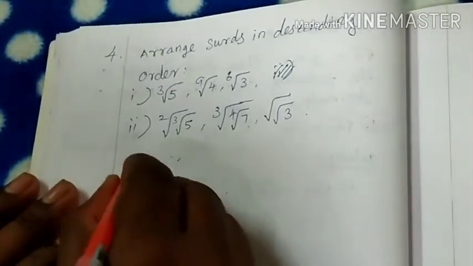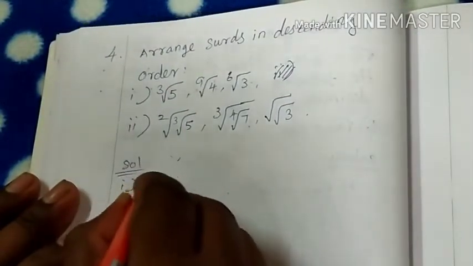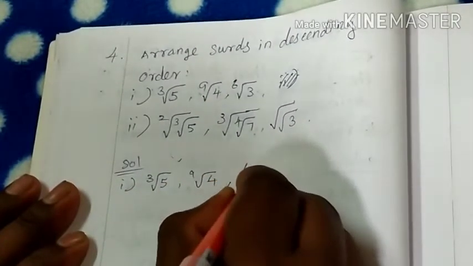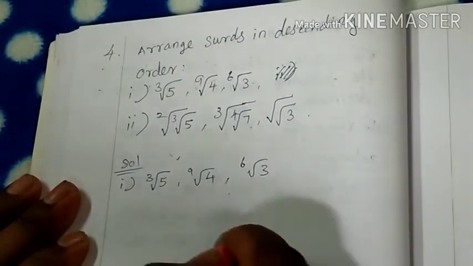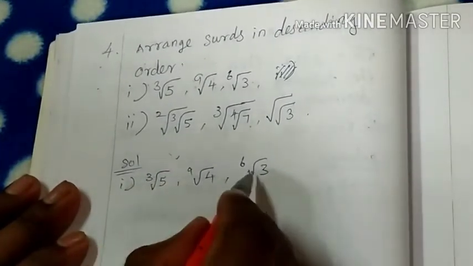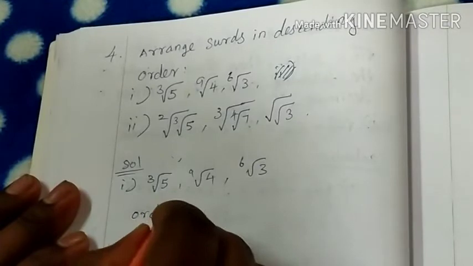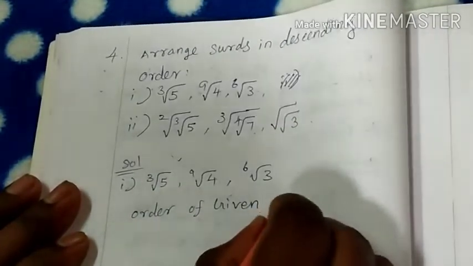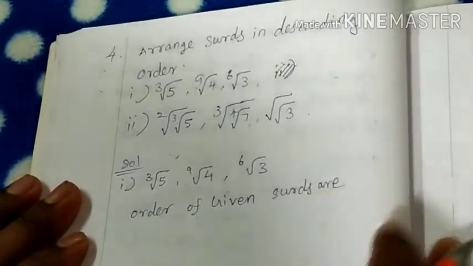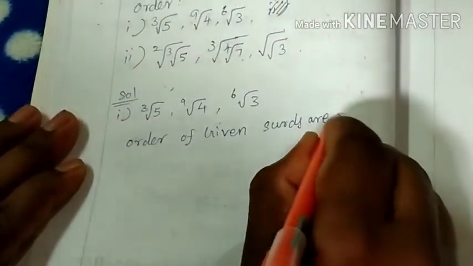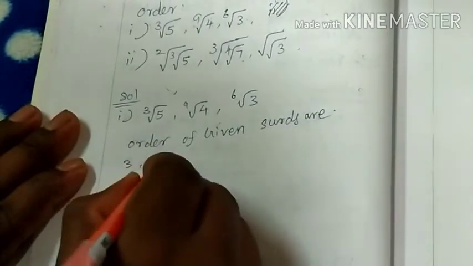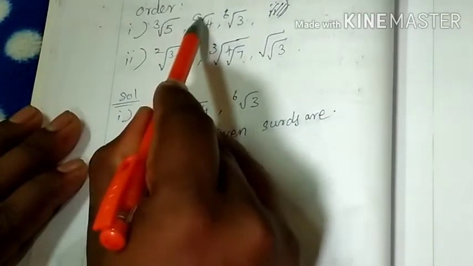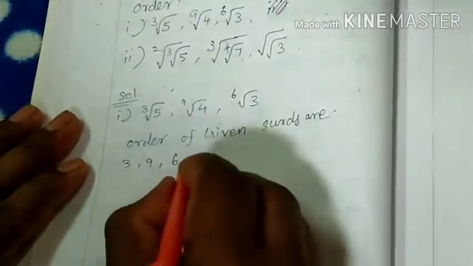The solution. The first question: cube root of 5, 9th root of 4 and 6th root of 3. The order of the given sets is 3, 9, 6.